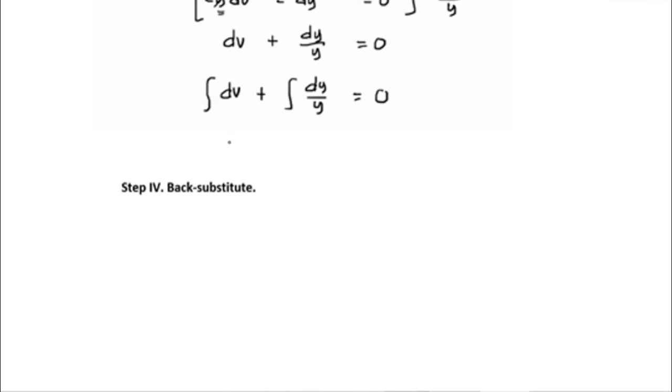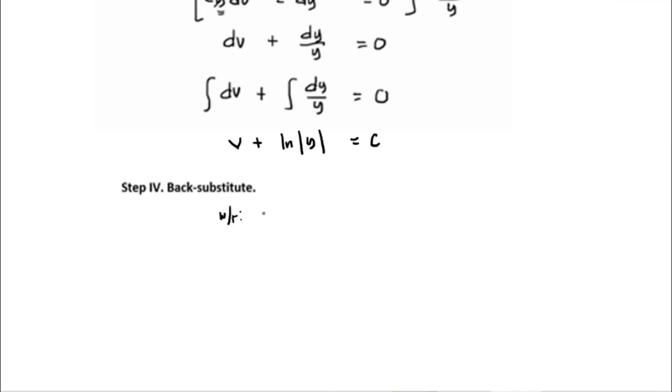The integral of dv is v. Then plus the integral of dy over y, using the ln formula, that is now ln of y. Then equals c.